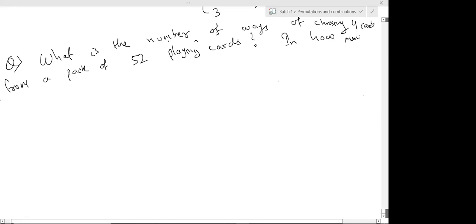In how many ways? First part is: 4 cards are of the same suit.